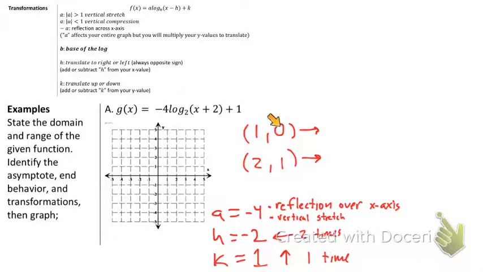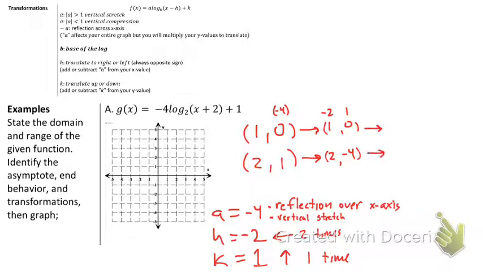So taking our original points, we're going to multiply by -4 to all the y values. So now I am going to have a new set of points. So it's going to be (1, 0) still, and (2, -4). So we multiply there, and now I'm going to apply the h and k. The h goes with the x's, which is -2, and the k goes with the y's.